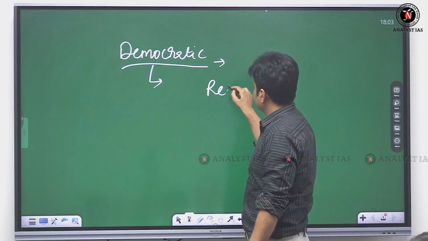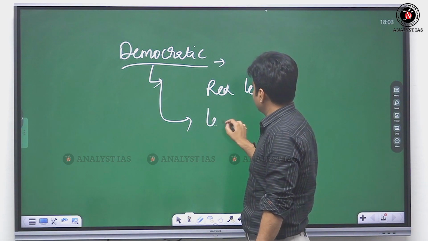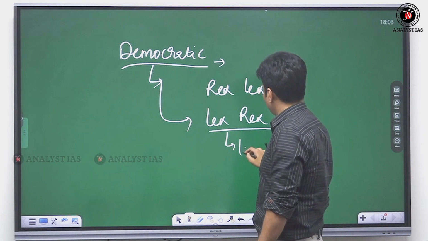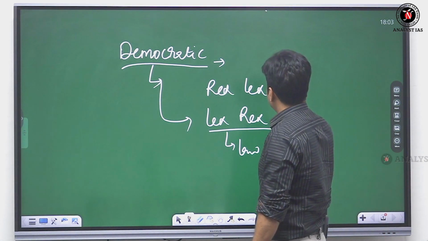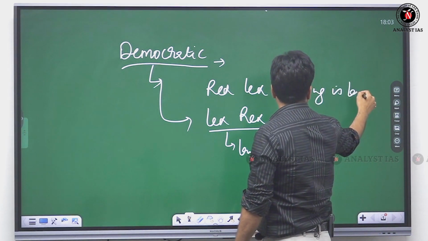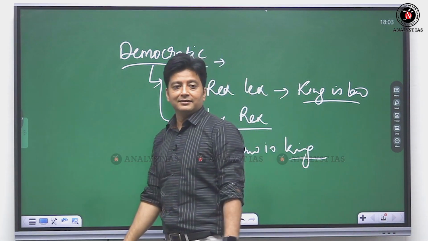Rex lex. In democracy, what do we have? Lex rex. Lex rex means law is king, and rex lex means king is law. Right? Law is king and king is law.